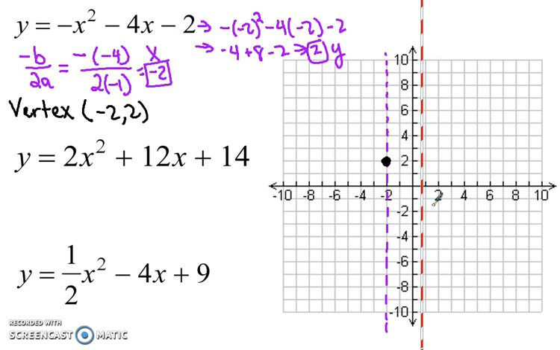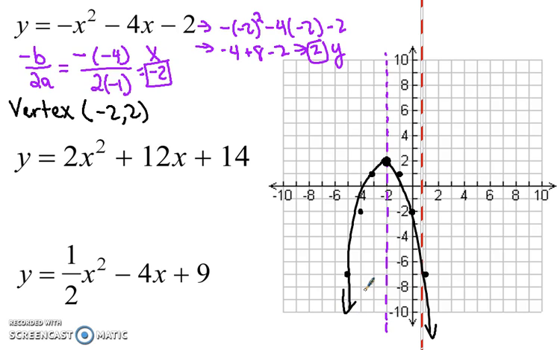We know it's not going to be wide. It's just going to be normal. So we go down 1 over 1 both ways. And our pattern is 1 and then 3 and then 5. And same with the other way. And there is our first quadratic.